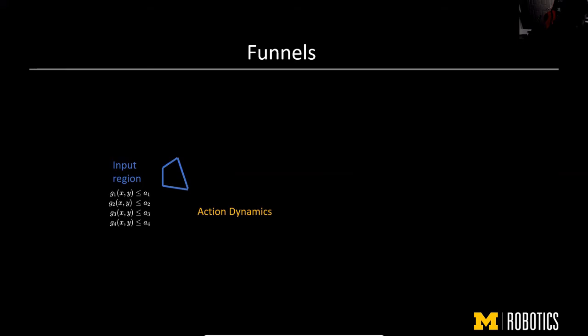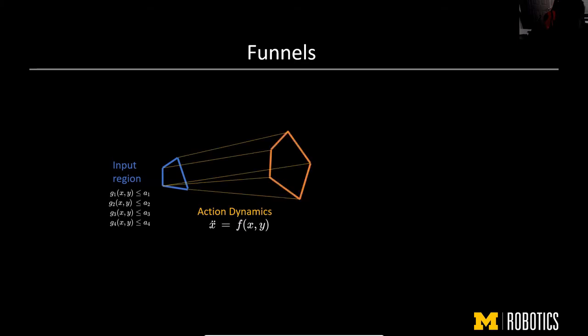Next, we have the action dynamics, which is a dynamics function that essentially tells us the values of the continuous variables after the action is executed. It's often represented as an ordinary differential equation. The dynamics function is applied to the extreme points of the convex hull of the input region to form another convex hull, which we call the output region, which represents the region of all the continuous variables after the action is executed.